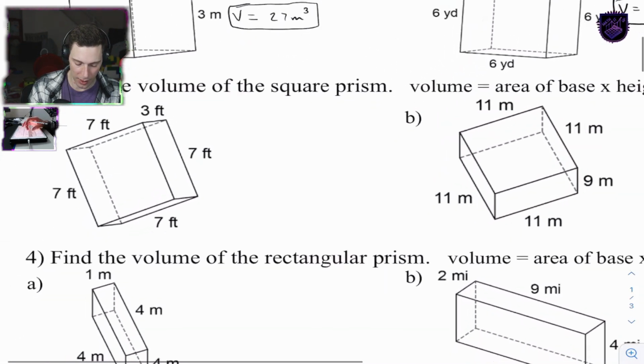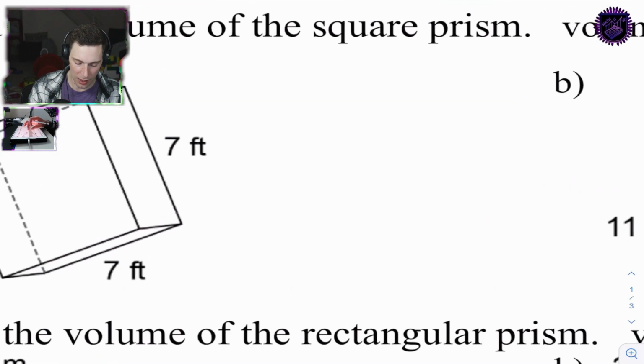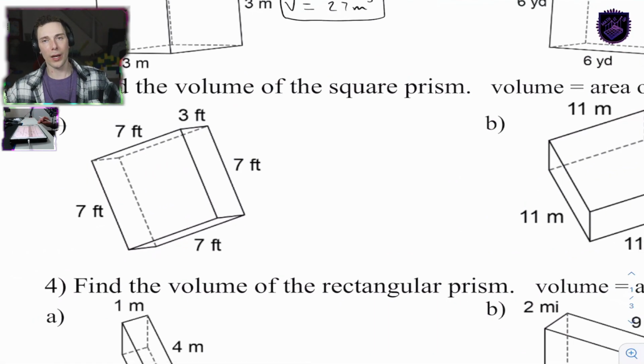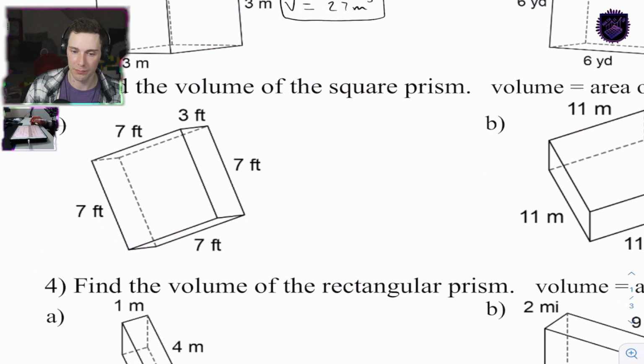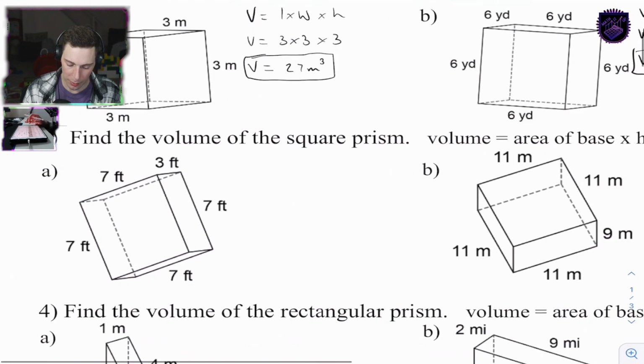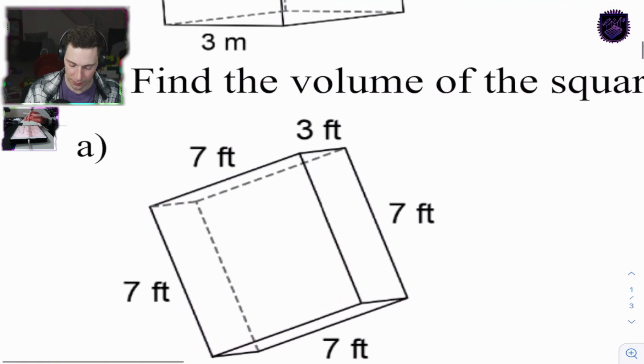All right, and question 3. Now we are working with square prisms. All of these are prisms. The first one is a cube, which is a special kind of prism. The next one is a square prism, which again is a special kind of prism because it has a lot of similar sides.